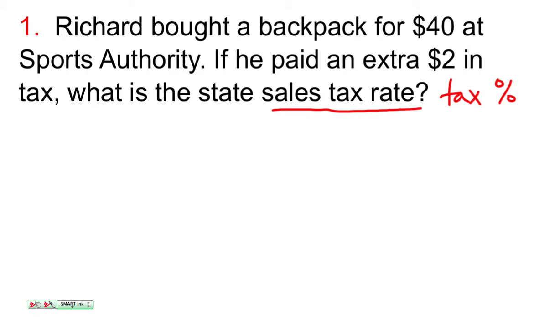So what's going to happen with a tax problem is it's a percent change problem. You have an original price and the price is changing. So we are going to set up our problem with an original, a change, and a new.